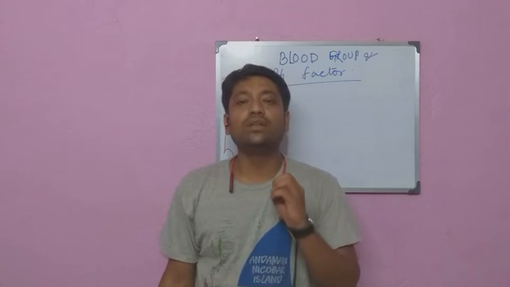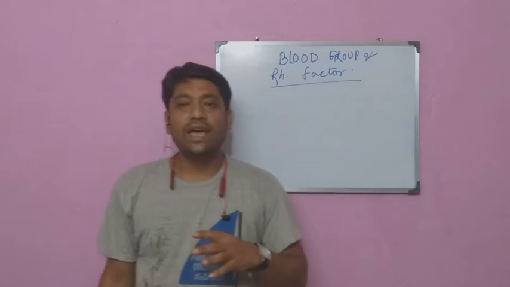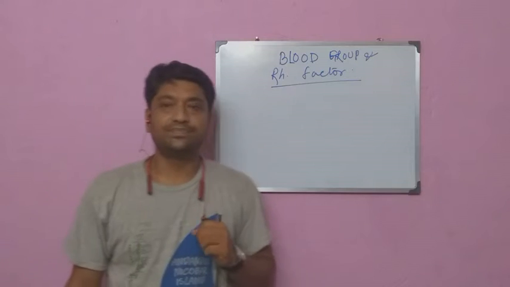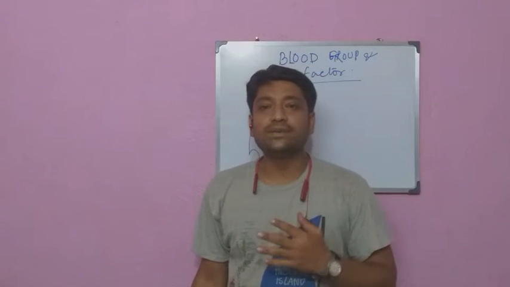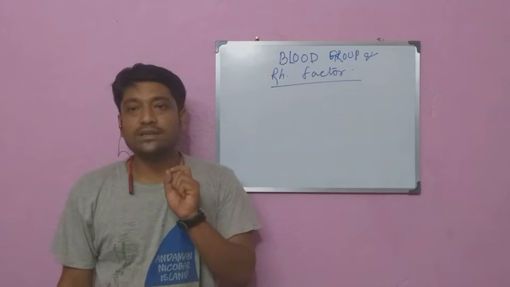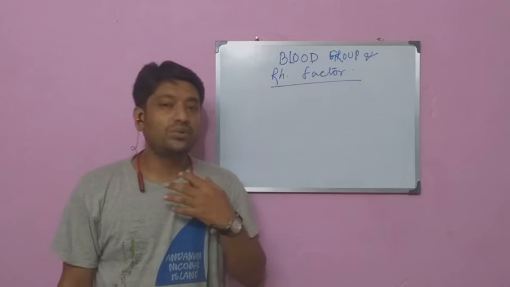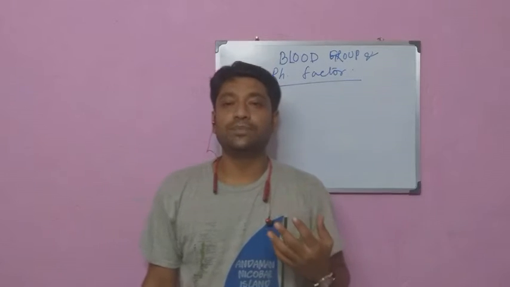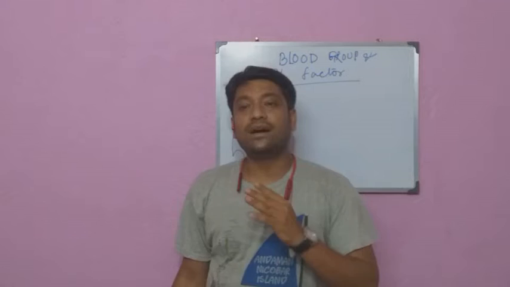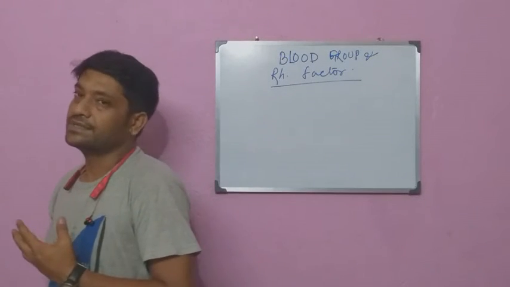Today's discussion is that blood is a fluid connective tissue and the most crucial component of the circulatory system. In a healthy person, approximately 5.2 liters of blood circulates throughout the body. In this article, blood groups and their types are explained in detail.